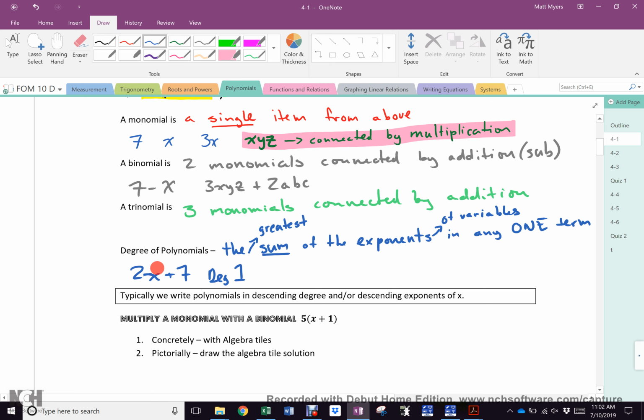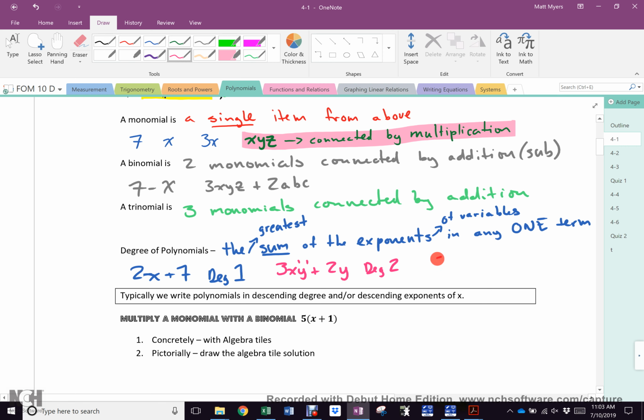Everybody cool? So what if I had this? 3xy plus 2y. What would that guy's degree be? 2, because this is a 1, this is a 1. They add together, so that is a degree 2 polynomial. This guy only has 1, so this is the greatest sum. Is everybody good?